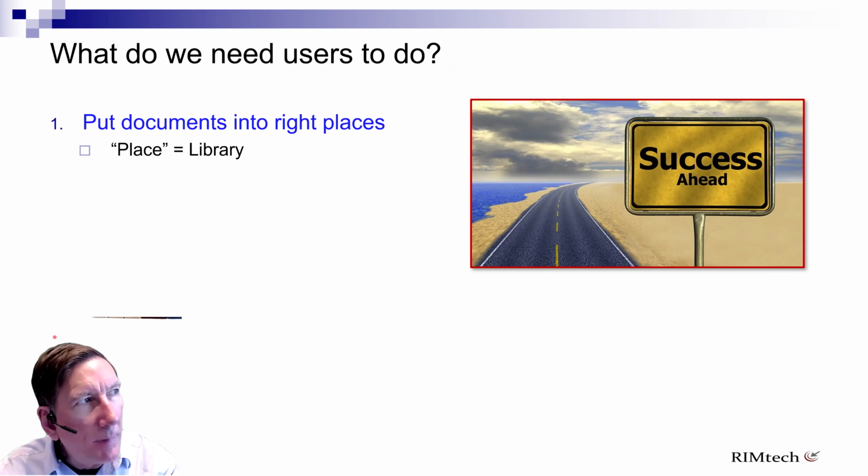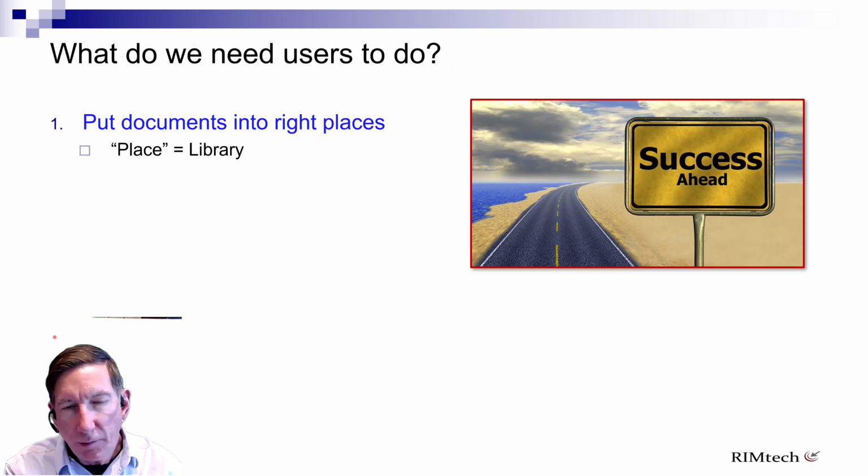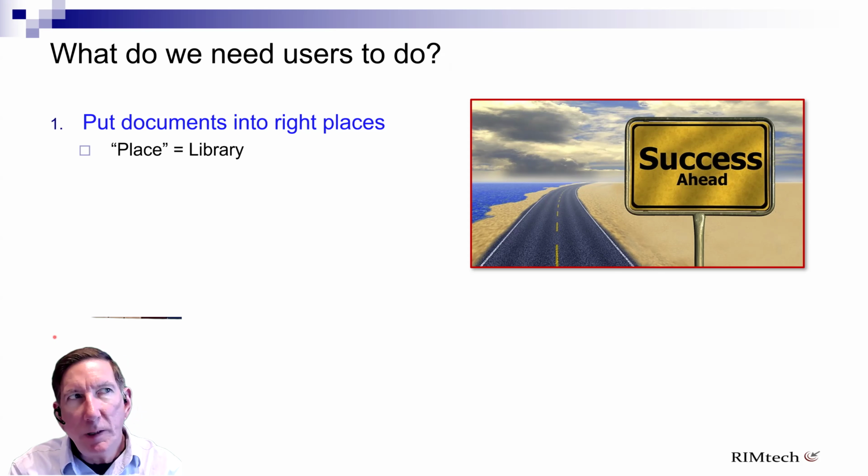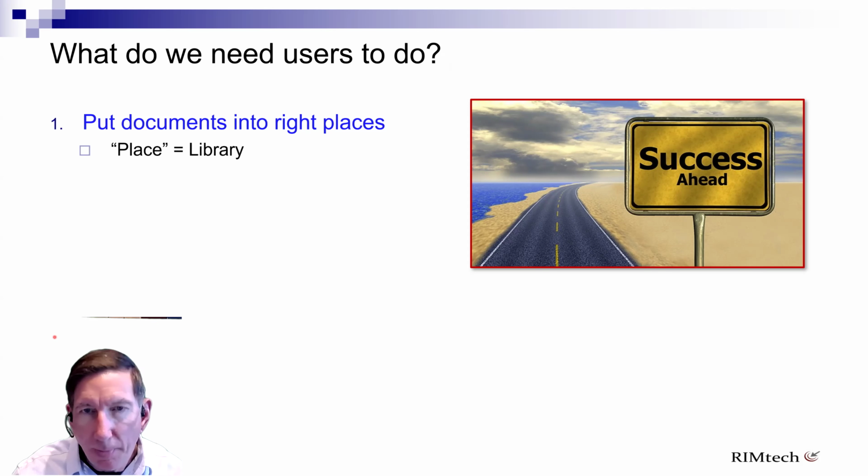So now, imagine taking an expense document and putting it into the fleet vehicle maintenance library or vice versa. The metadata is such an obvious mismatch that it would practically take an act of deliberate malfeasance to put it in the wrong library. So I think that's pretty straightforward.